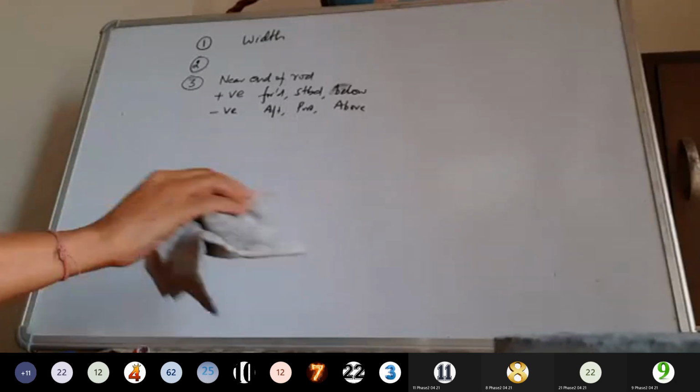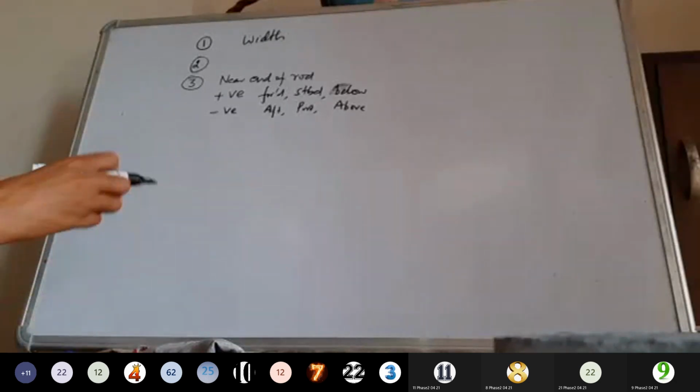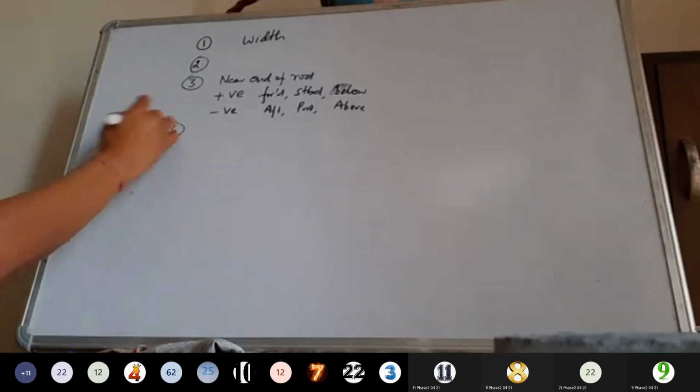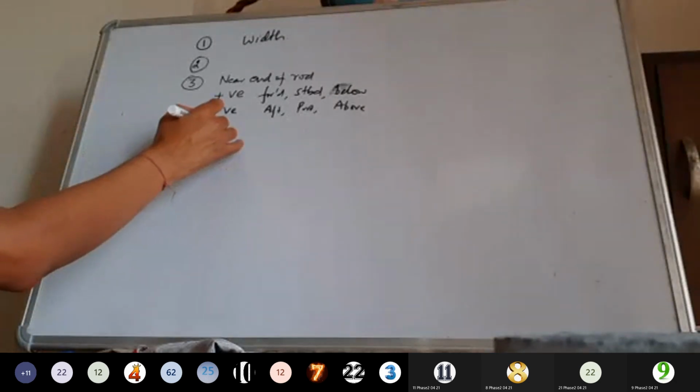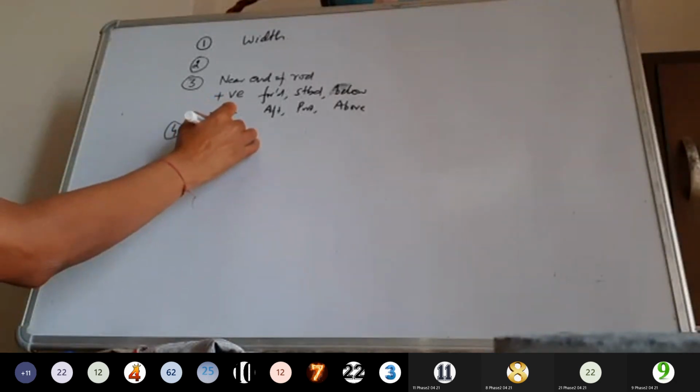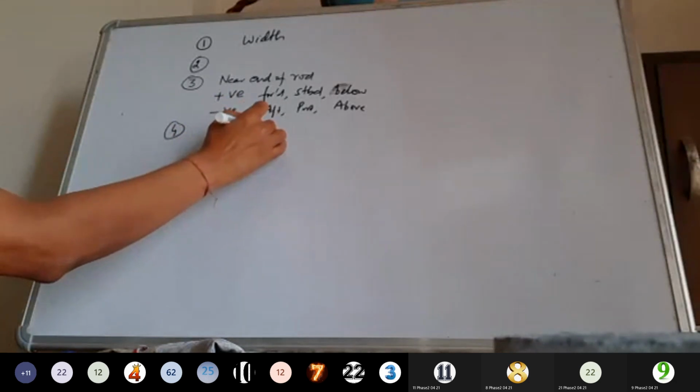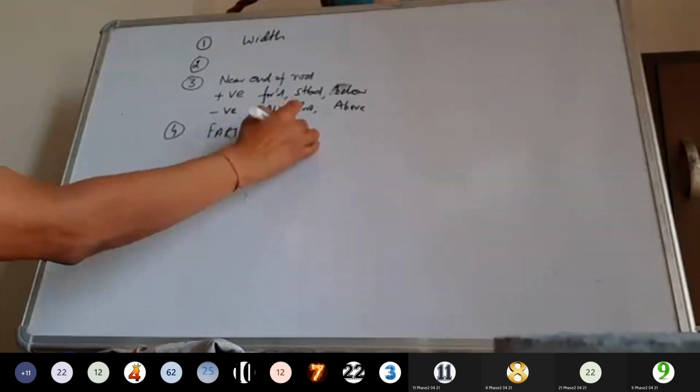Next thing. So for the near end of the rod, we have decided the polarity. Now the other end of the rod. You can say farther end, or you can say other end.